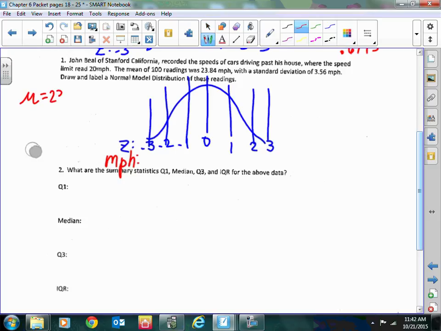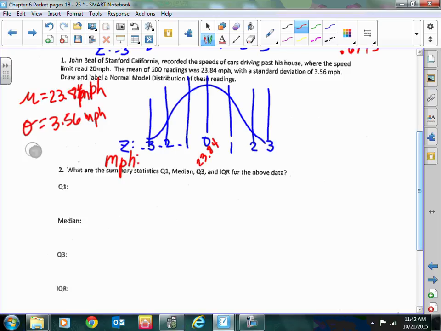Next, I want to put in my context ones. Okay. So, what will go right here at the 0 spot? Good. This is going to be my 23.84.